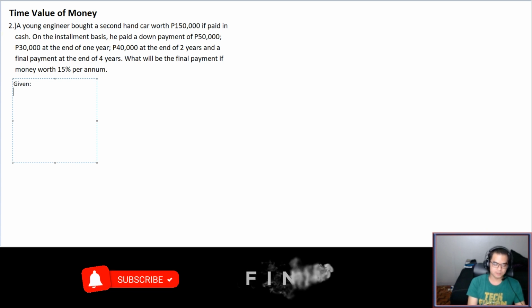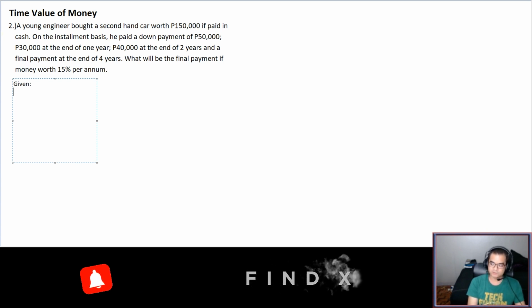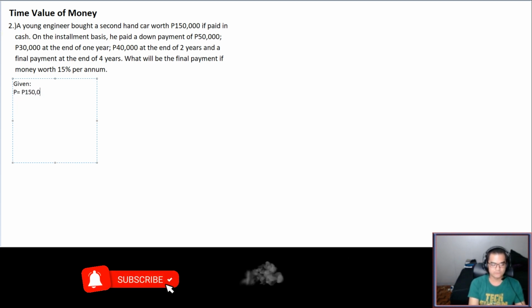If you pay in cash, that is a present value, so P is 150,000. We have a down payment, or DP, of 50,000.